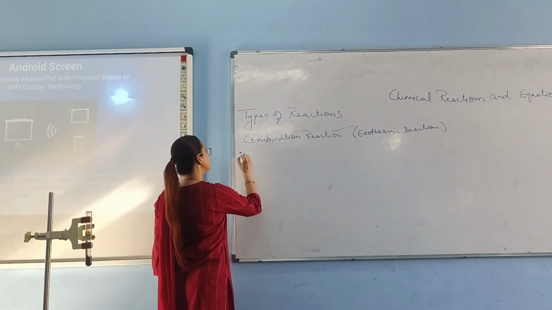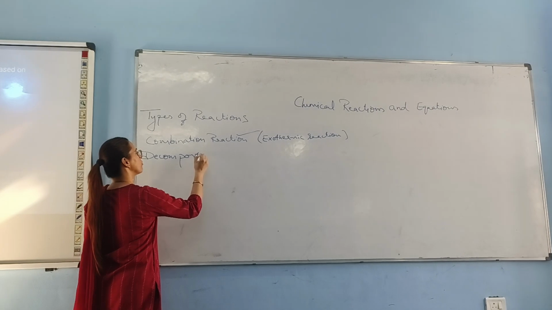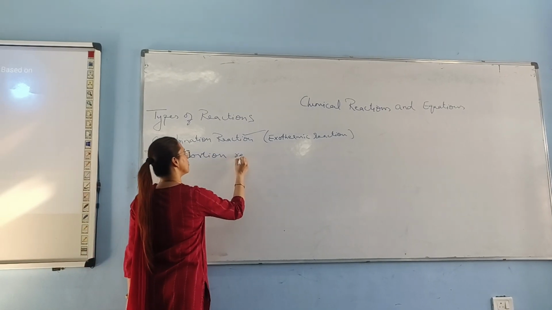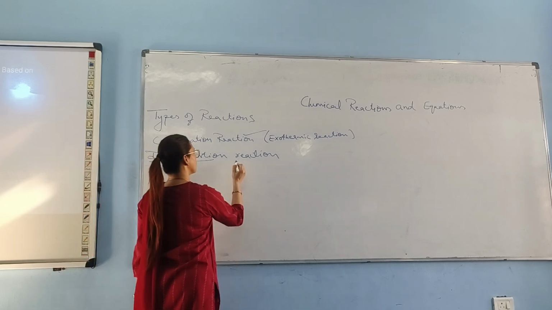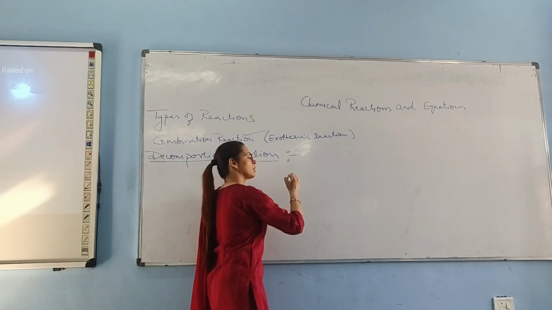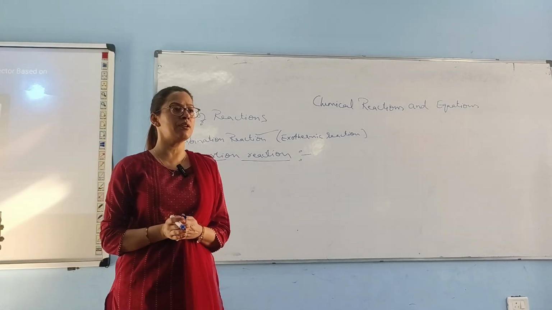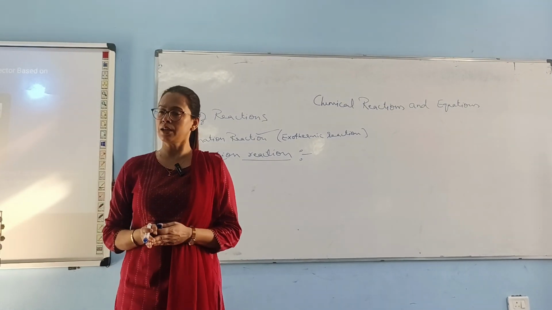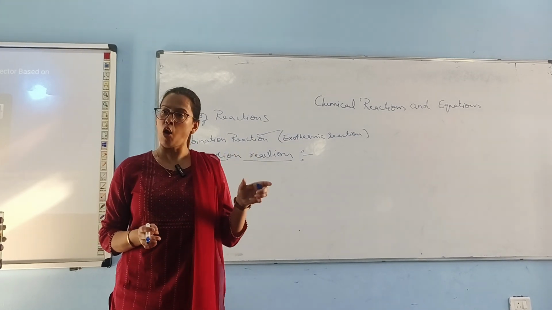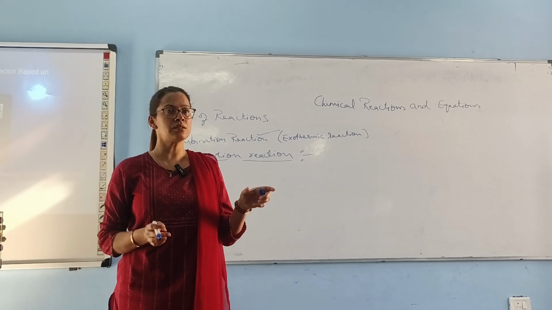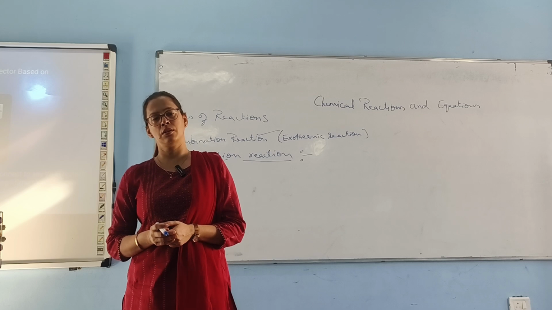So we are continuing with decomposition. And with the term itself, we know that decomposition reaction is a kind of reaction where a compound gets broken down into its constituents.